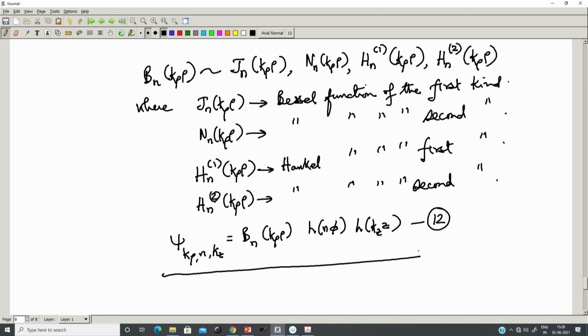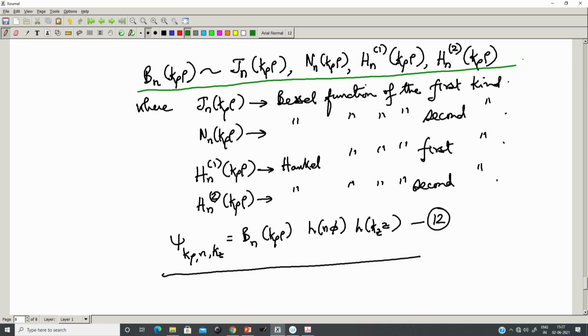So, as a product of the two harmonic functions h n phi and h k z z, in addition with this function B n k rho rho, which can take all these different forms. Which form the function B n k rho rho will take will depend on which region we are interested in to describe the fields in the cylindrical coordinate system. Does the region include the point rho equal to infinity?